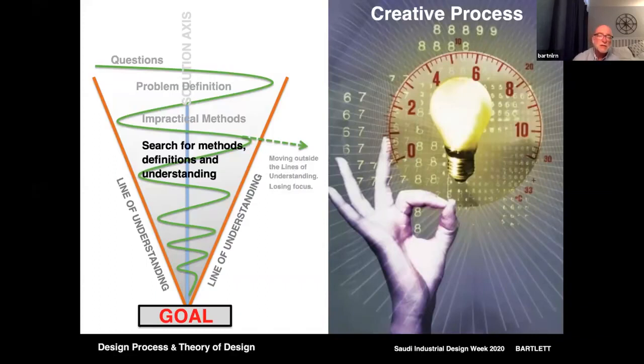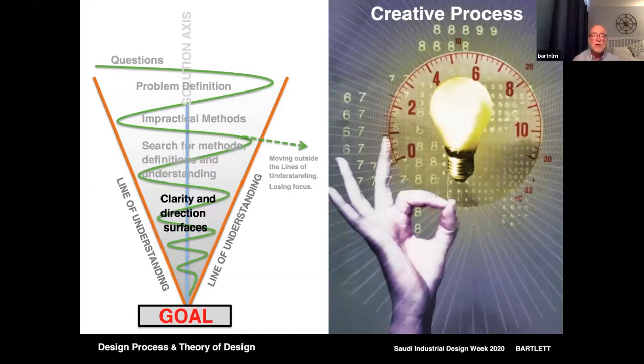The next step is that we're searching for methods, definitions, and understanding. So we're looking at, okay, how can we understand this problem? What are some tools that we can use? Are there some methods that we've used in the past? And have we understood this problem? Has this problem ever been solved before? And then if it has, how was it solved? So this is the process we call the creative process.